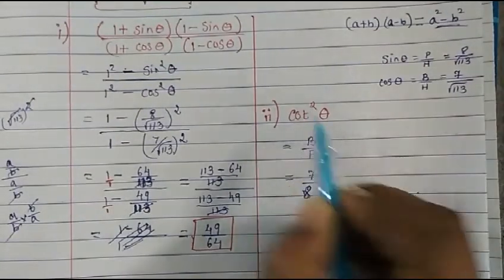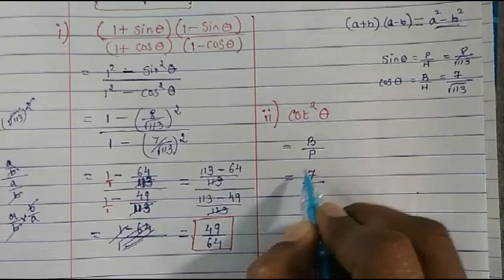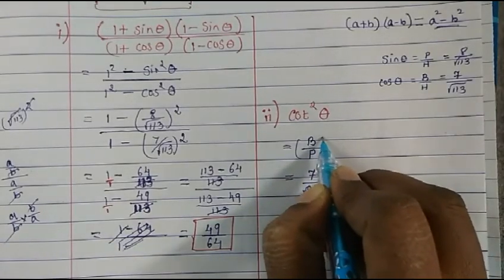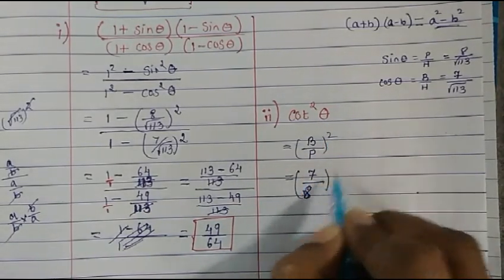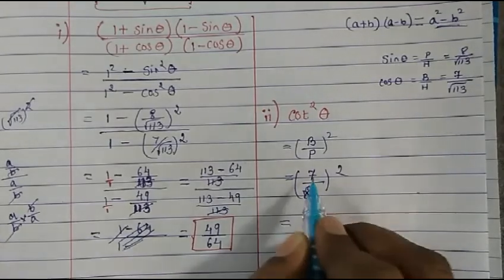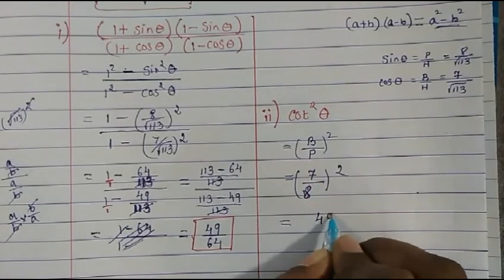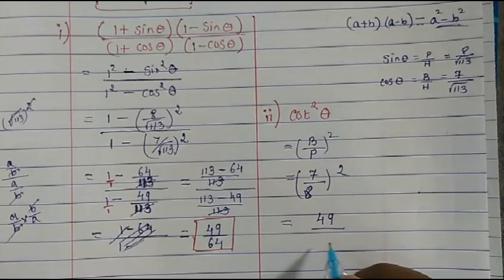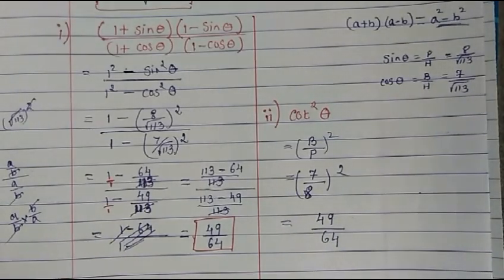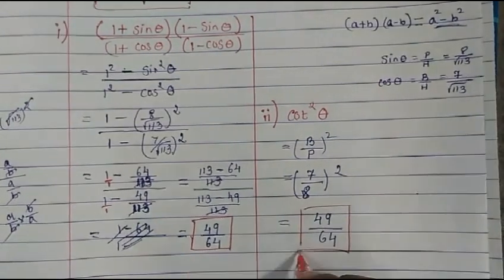Now this is squared here, so we put it in square. Then 7 square gives us 49, and 8 square gives us 64. So this is the answer for this.